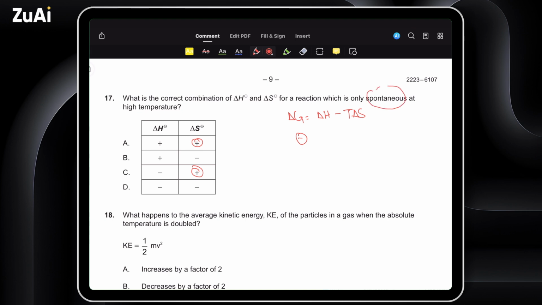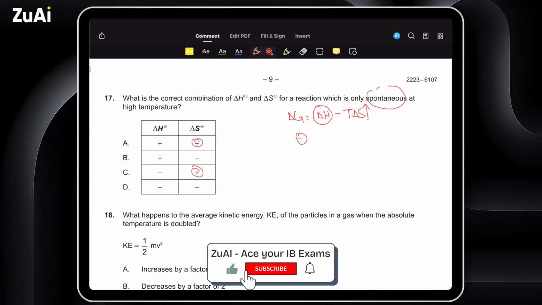How do you get negative? If you have a smaller delta H value, and if you have a larger delta S value, because larger delta S should give you a greater negative value.